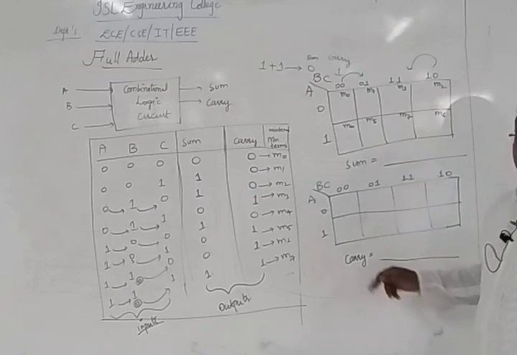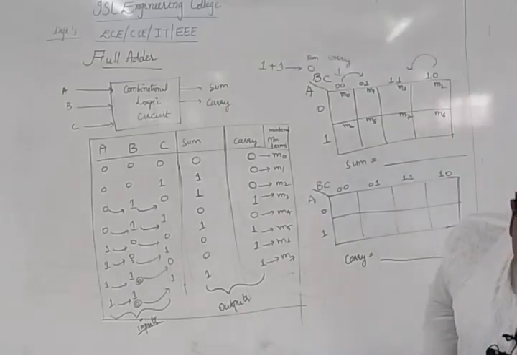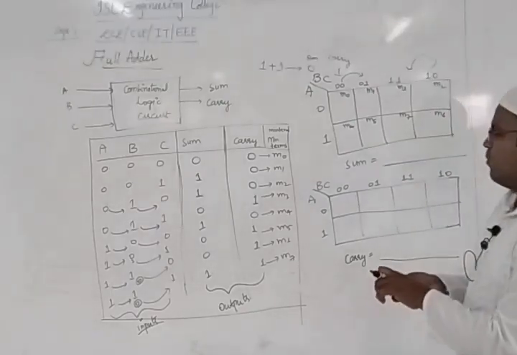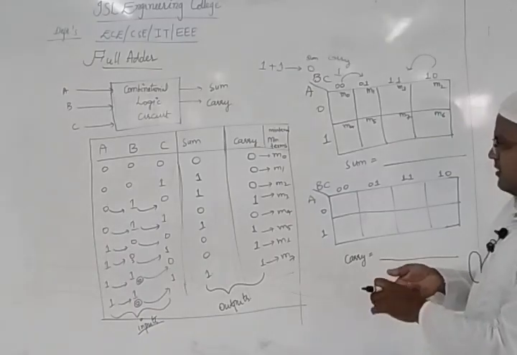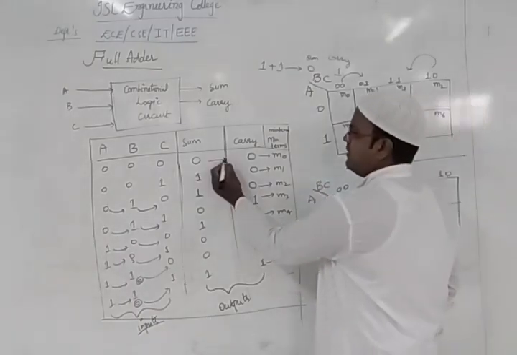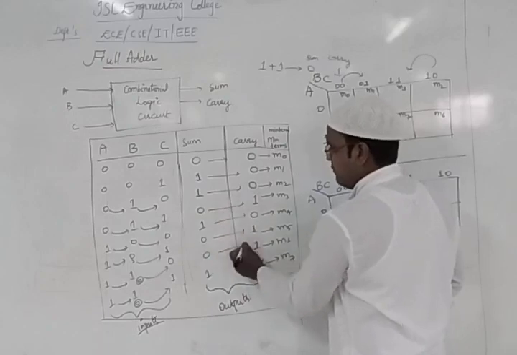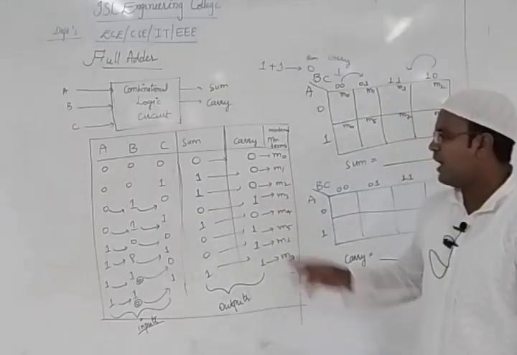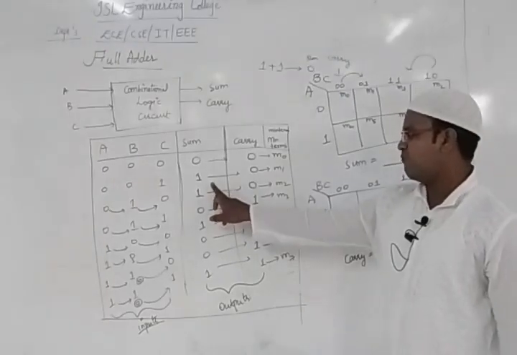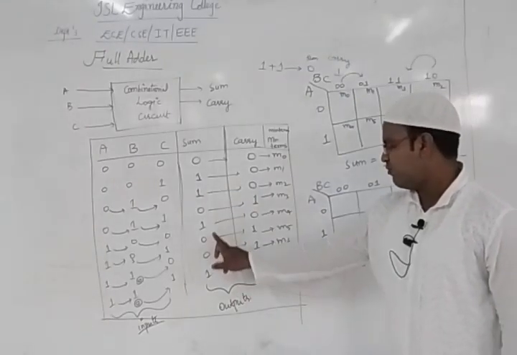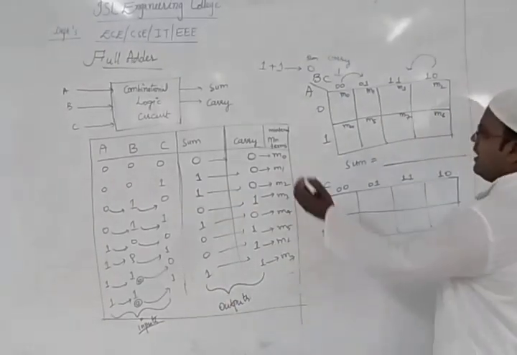After knowing the sum and the carry, what is the next criteria? Writing the output values. As you can see here, what is the min term M0 for sum? 0. This is M1, M2, M3, M4, M5, M6, M7. When sum is high, min terms M1, M2, M4 and M7.